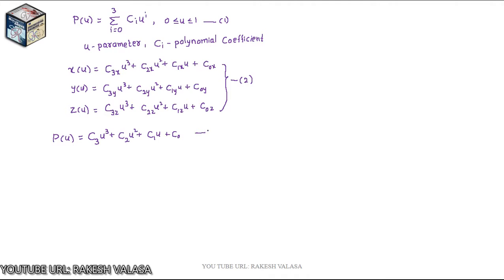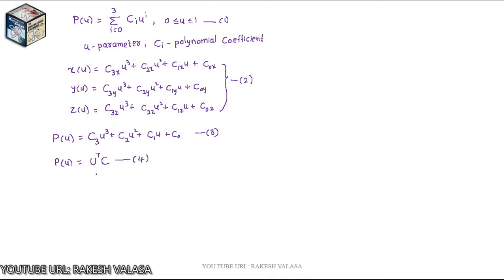This is the equation number 3. This equation can also be written in a matrix form. You know how to write this equation in matrix form, as you already studied in finite element methods, that is P of u equal to u transpose C. This is the equation number 4.